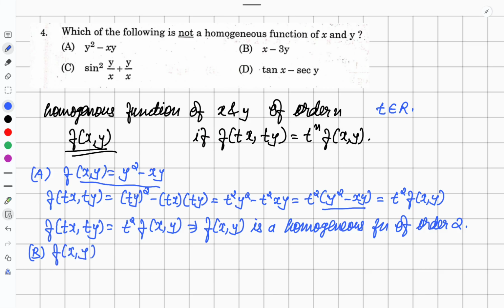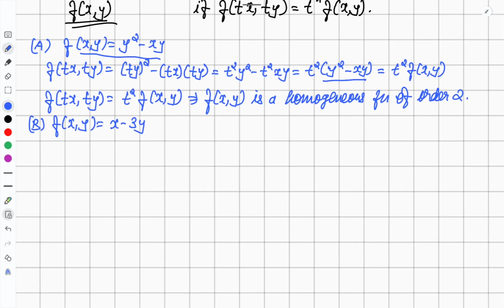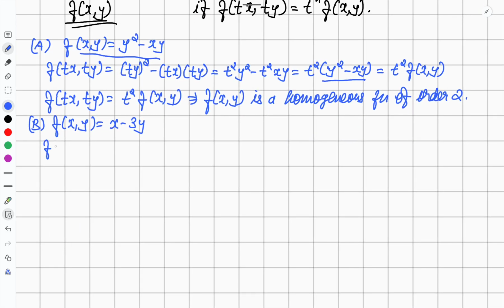f(x, y) is equal to x minus 3y. We do the same thing. We find f of tx, ty. So we replace x with tx, we replace y with ty, and then we take out t common. It becomes x minus 3y, which is f of xy.